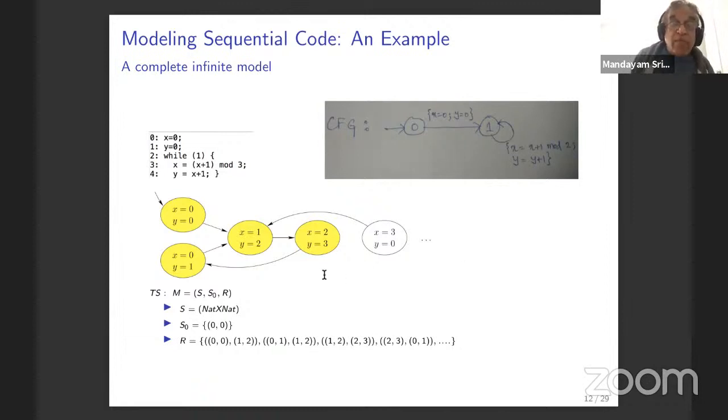So how can you even represent such a transition system, let alone do analysis over that? It's a relevant question, isn't it?